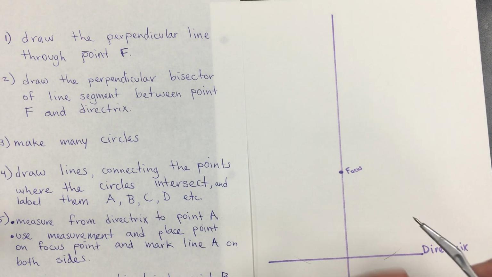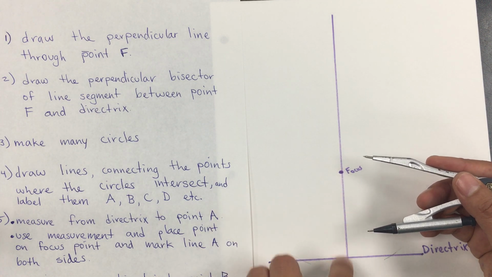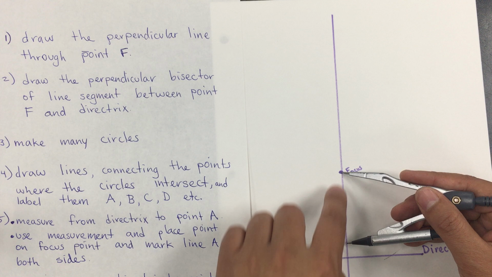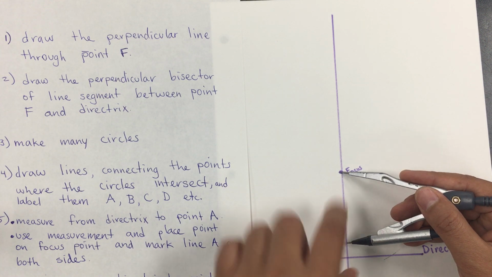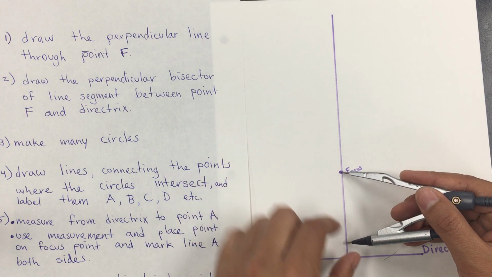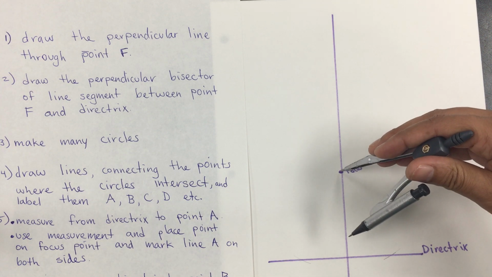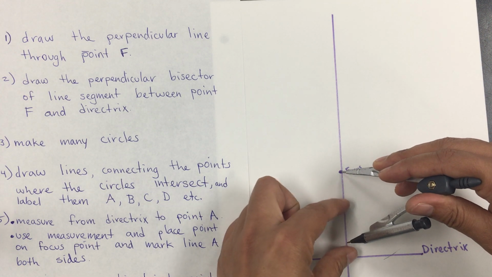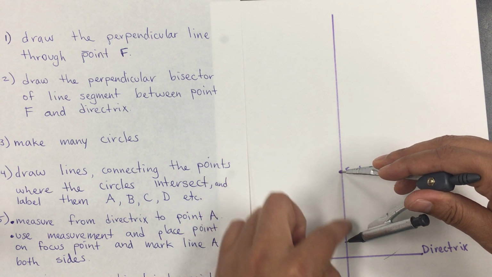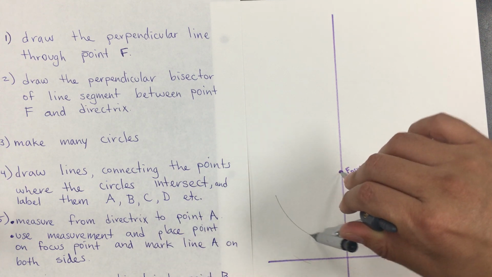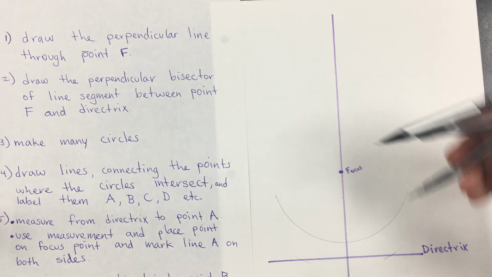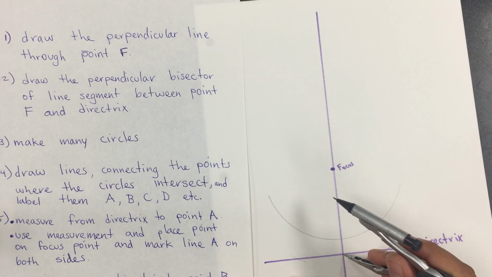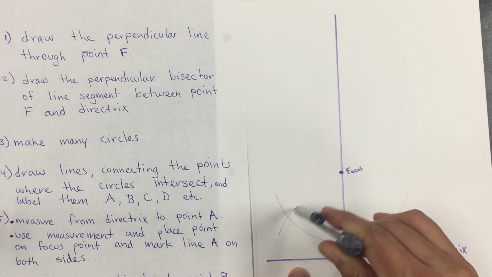So how do you find the perpendicular bisector? All you have to do is use these 2 as your points of reference. I'm going to open the compass a little bit more than half. So this is like halfway. I open it and I create 2 half moons or 2 arcs that look like half the moon.